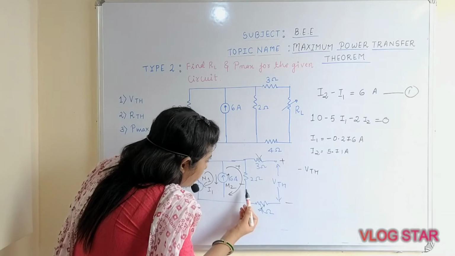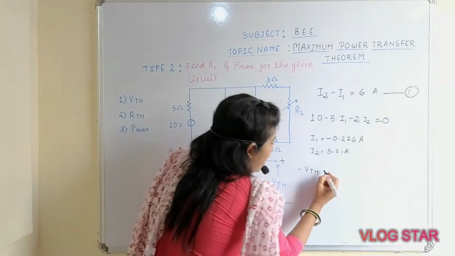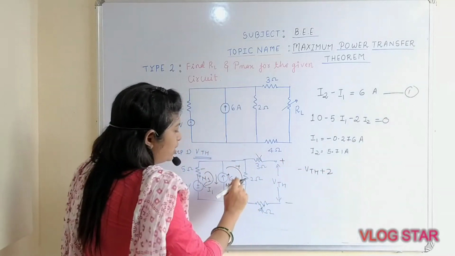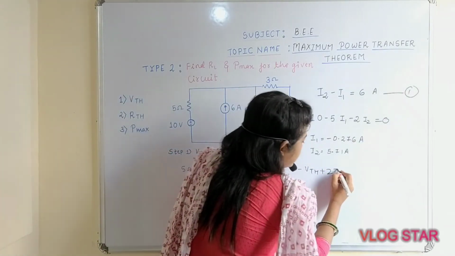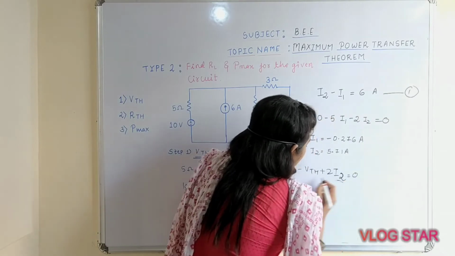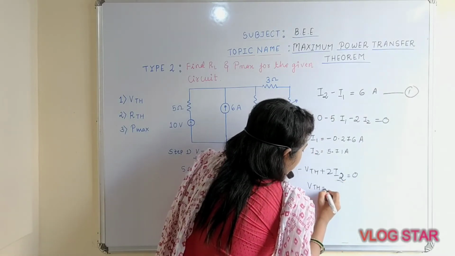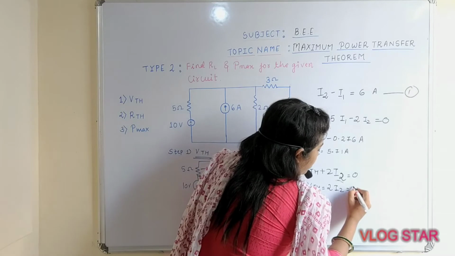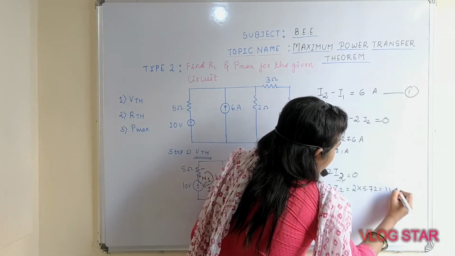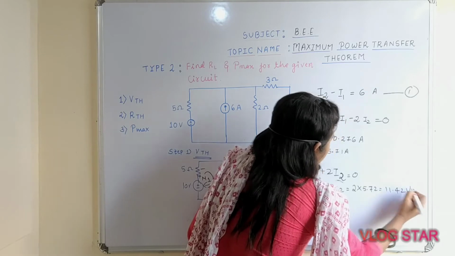If we go from negative to positive, we have to consider positive I into R. R is 2, and the current flowing through this path is I2. So what is the value of VTH you will get? 2 into I2, 2 into 5.72, which is equal to 11.42 volt.